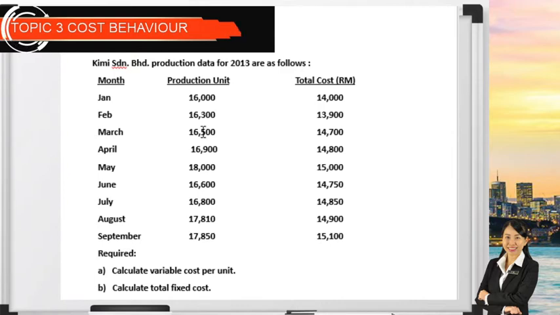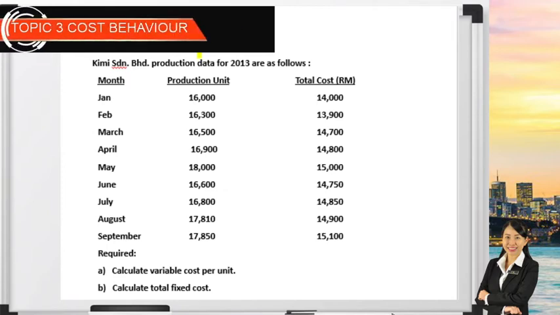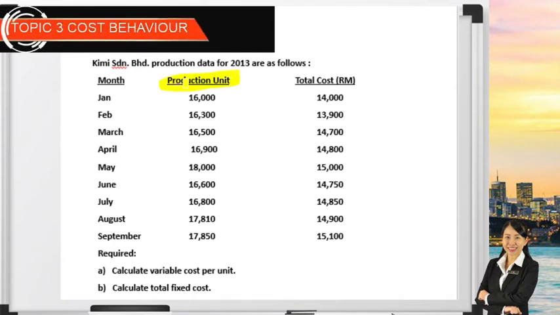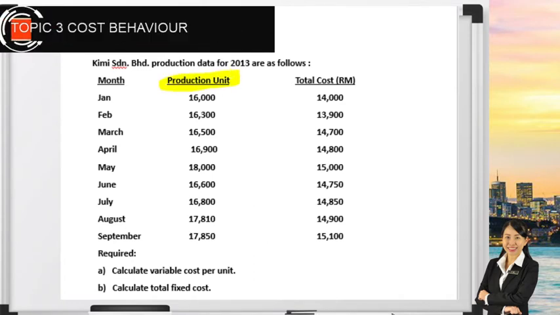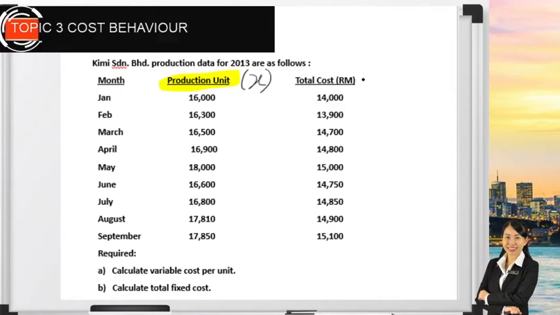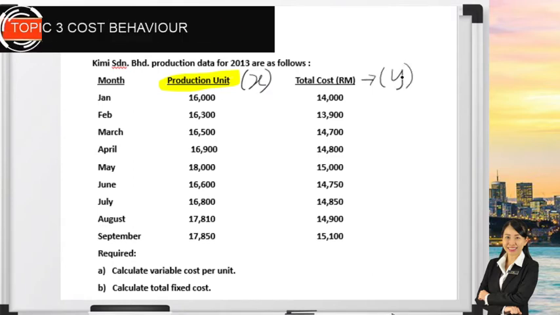Step 1, when we see this kind of question, first thing, in the high-low method we are using the highest unit activity and lowest unit activity. So what we want to take note of is our production unit, this is our X, and total cost in RM measurement, total Y.